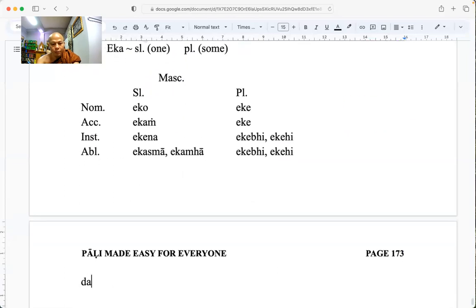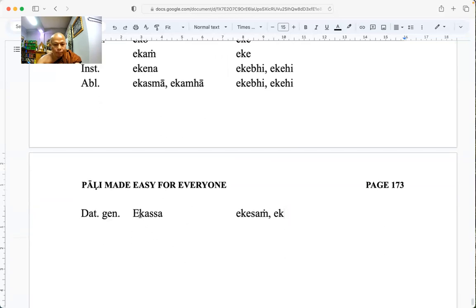For dative and genitive, ekassa only singular form. For plural, ekesam and ekesanam.